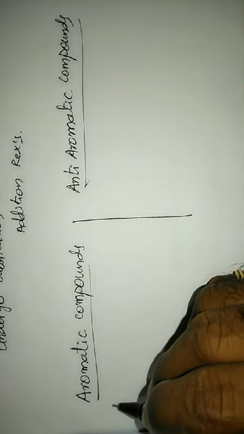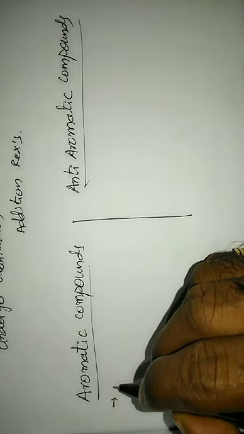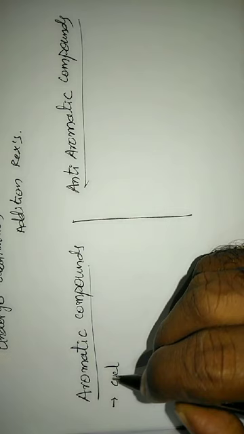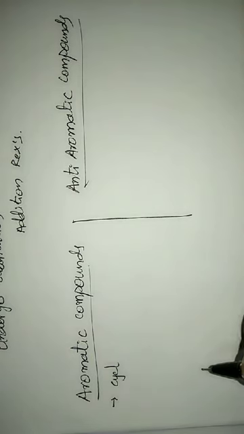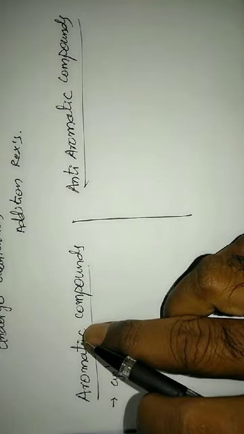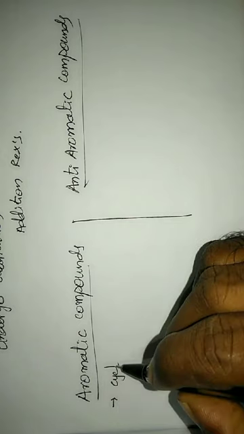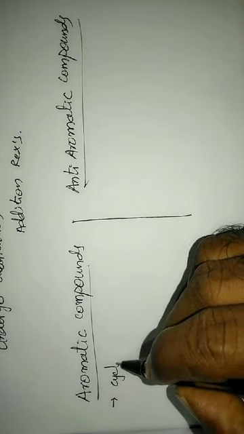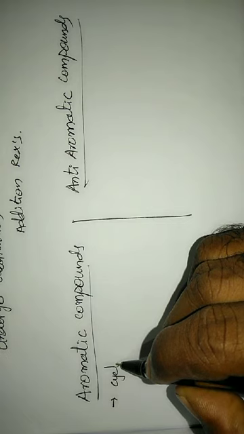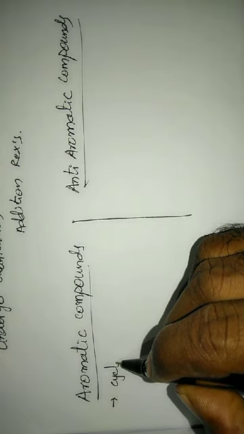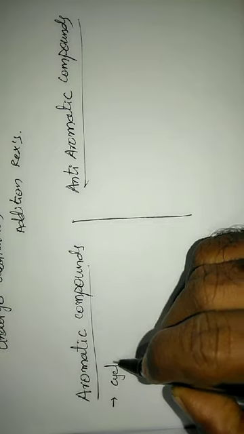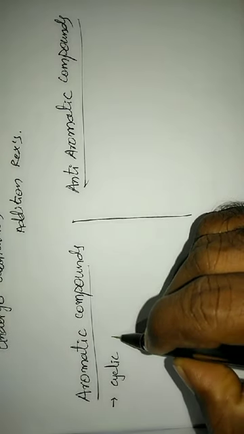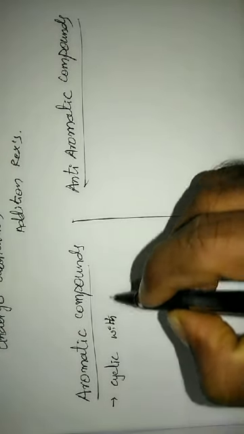For an aromatic compound, the compound must be cyclic. These are the conditions for aromatic compounds. The first condition is what? The compound should be cyclic with conjugation.